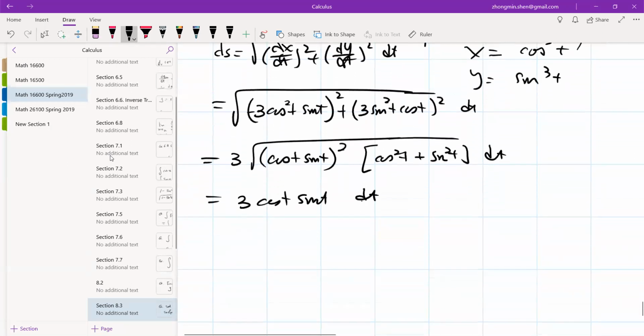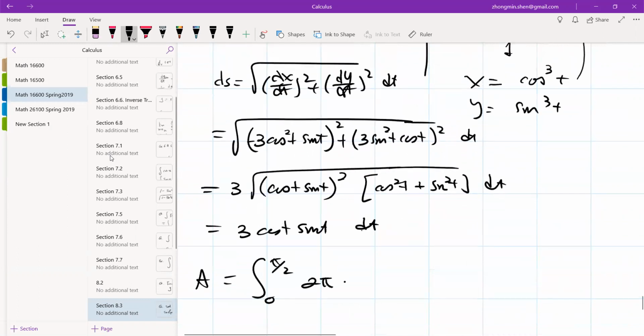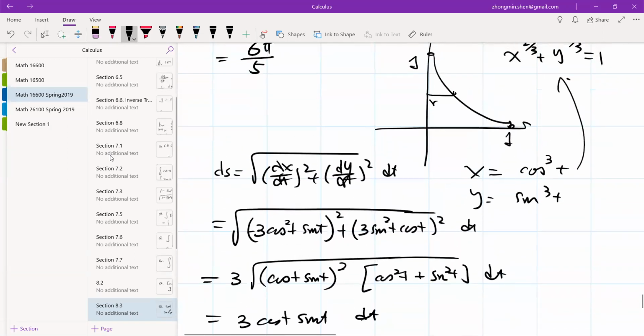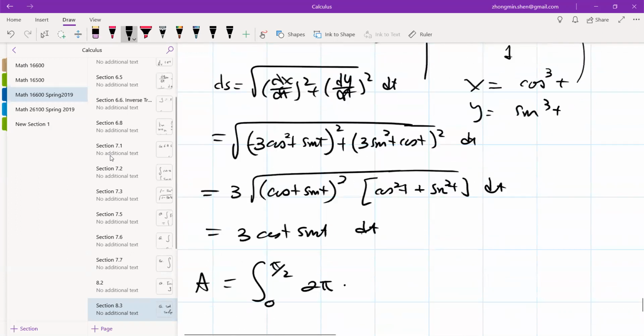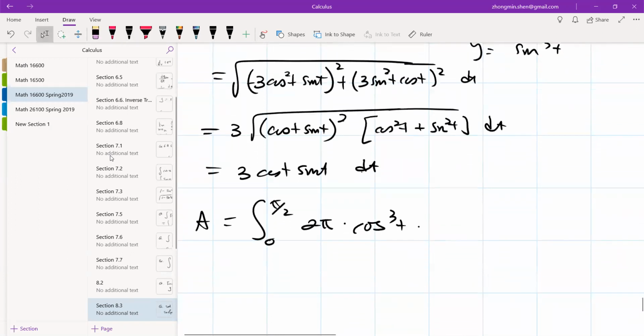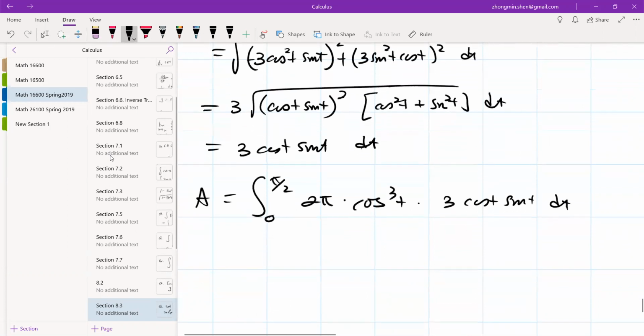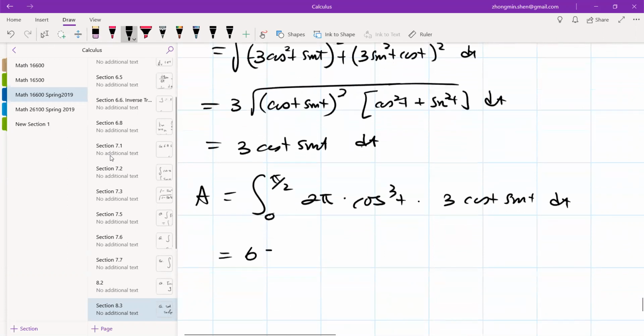All right, so my surface area is going to integrate from 0 to pi over 2, 2 pi r, and r is x, because this is the radius. So it's going to be cosine cubed t, and the ds is going to be 3 cosine t sine t dt. Okay? And I'm going to put 6 pi out, and we get cosine to the 4th power t sine t dt. Then you see, oh, we can use a substitution again.